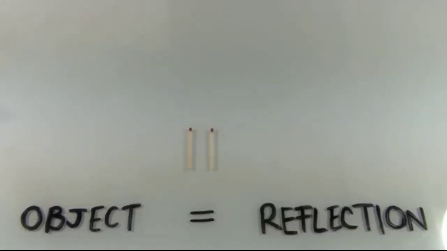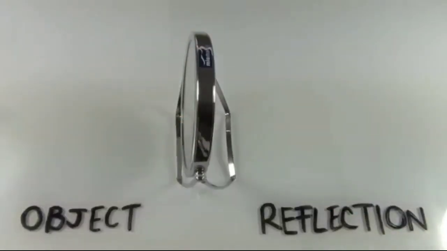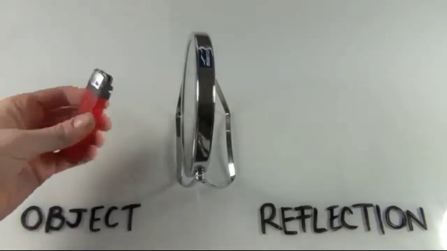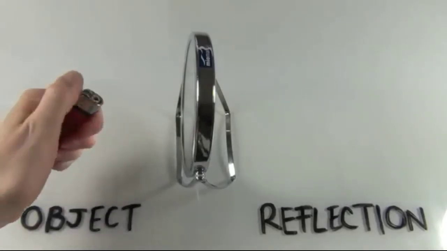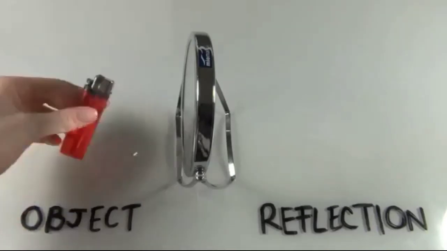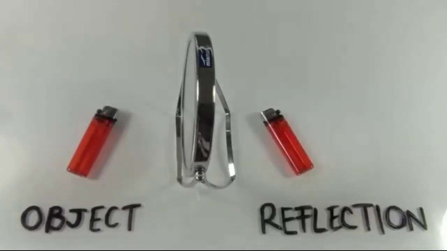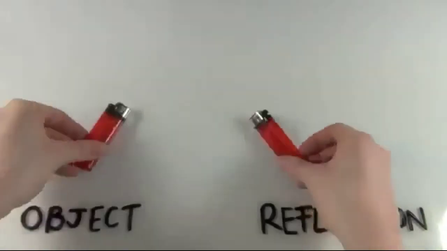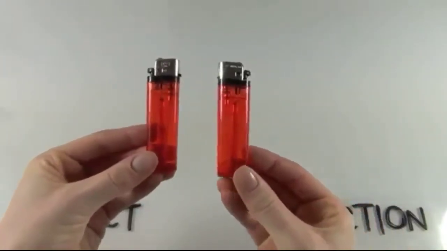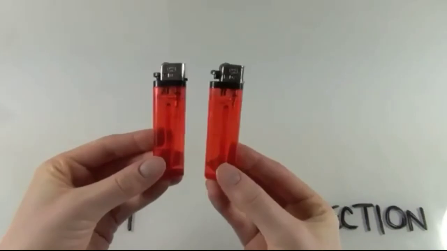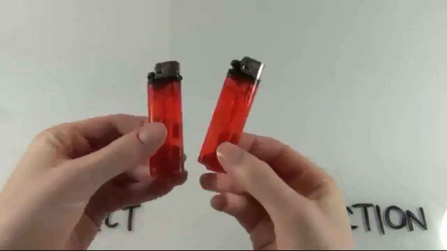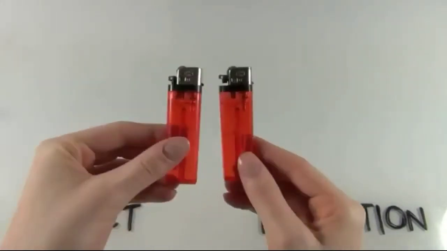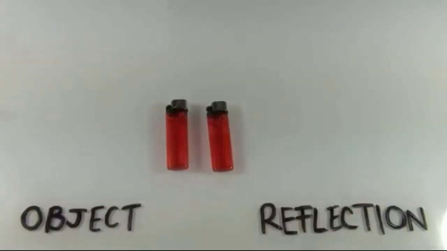And then another object is the lighter. Let's see if the two lighters are identical to each other. Well, as we can see, they are identical, so they reflect each other.